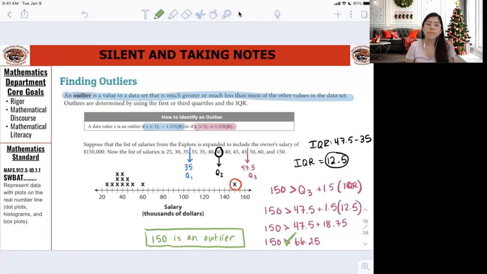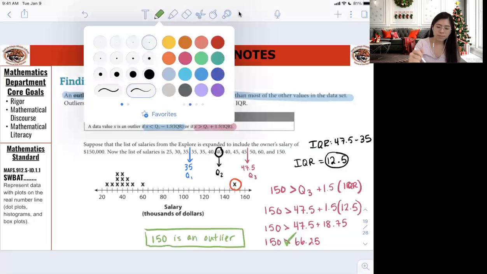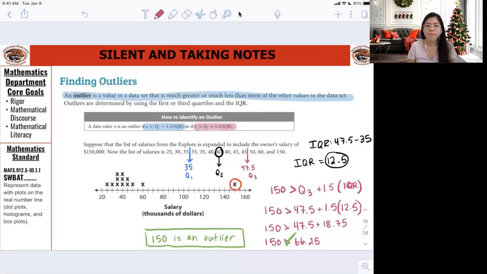Wait, so it's an outlier because it's greater than 66.25? Yeah, exactly. What it's basically saying is that 66.25 is somewhere around here on my number line.